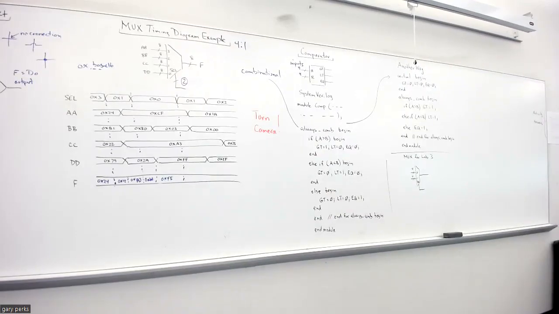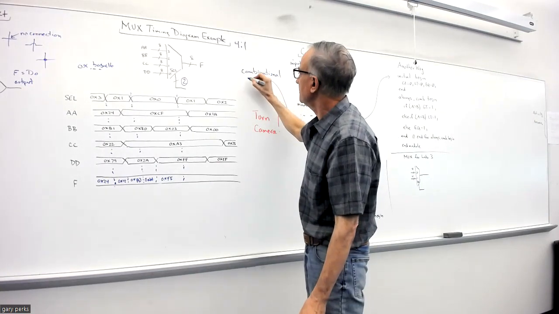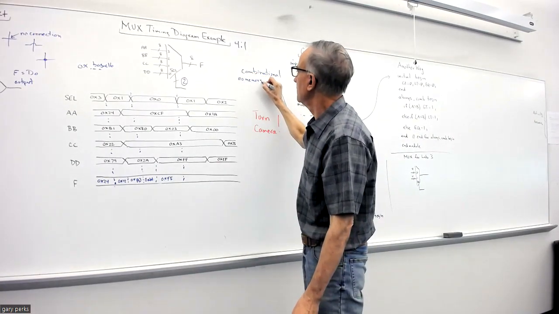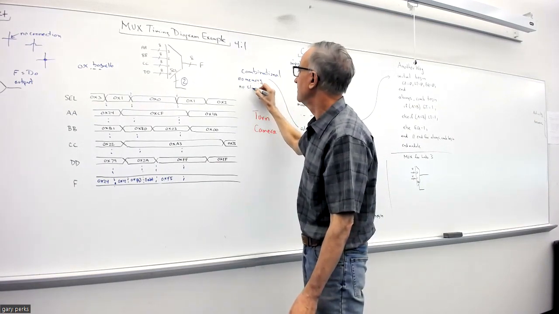All the logic circuits that we've been looking at thus far this quarter are combinational circuits. And what's meant by combinational is that combinational circuits have no memory. And because they have no memory, they have no clock.